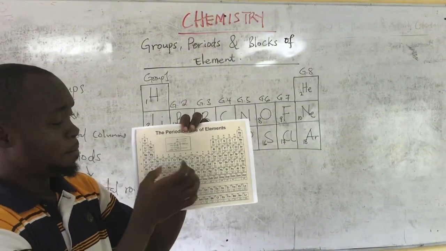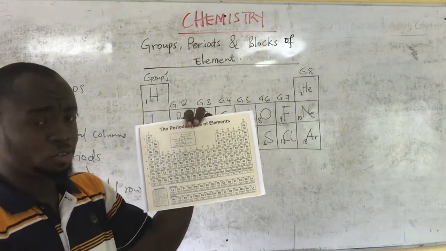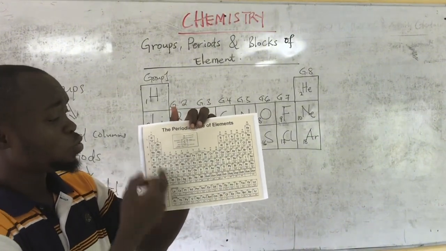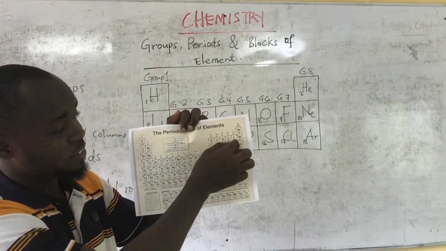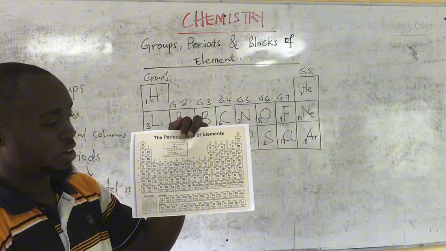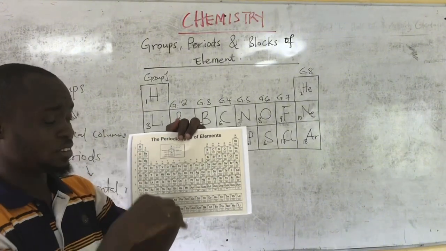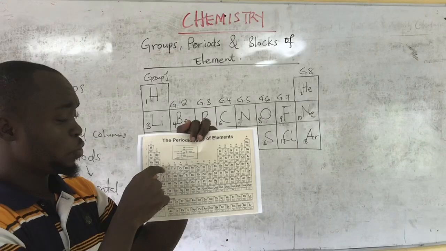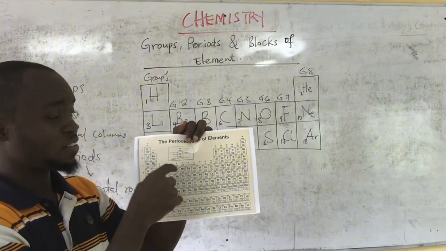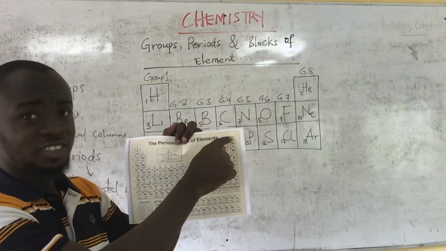Is that okay? Once I remove the transition series, I can start group 1, group 2, group 3, group 4, 5, 6, 7, and then 8. But with the addition of the transition series, I have group 1, group 2, group 3, 4, 5, 6, in that order to group 18.